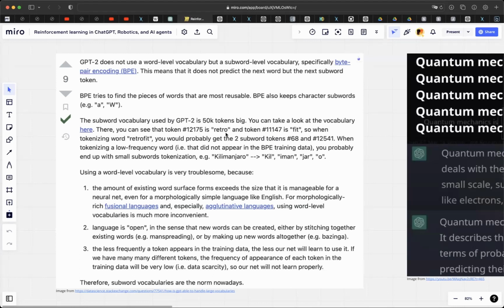But more complicated words, which are not so frequent, this pre-processing can split into, let's say, four tokens, like Kilimanjaro, and each of them will then be represented as a one-hot encoded vector of size about 50,000. But this one-hot encoded vector is later embedded into a smaller-dimensional latent space, and those are the embeddings that represent the input to this pre-trained transformer. So you have a sequence of such embeddings which represents the sentence.